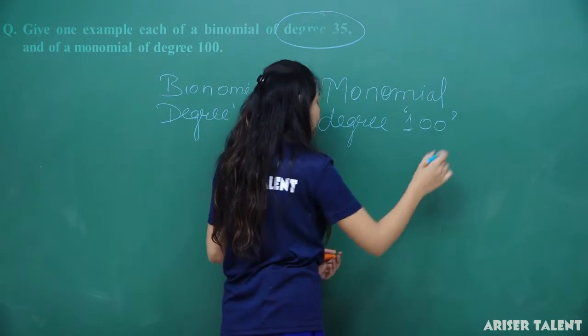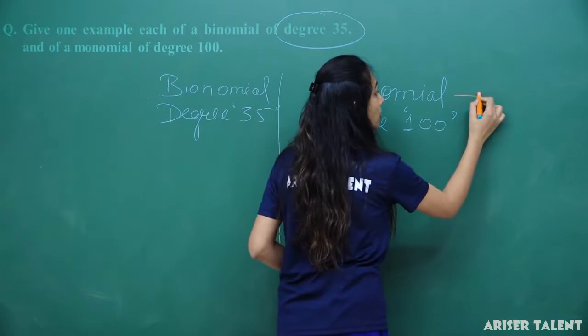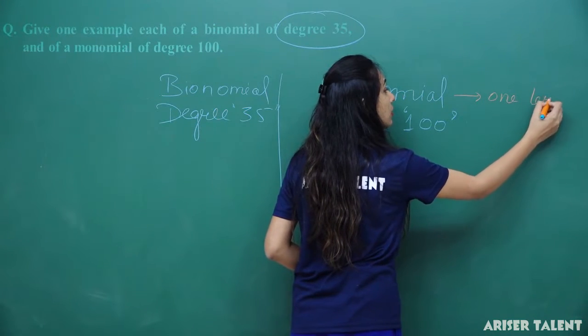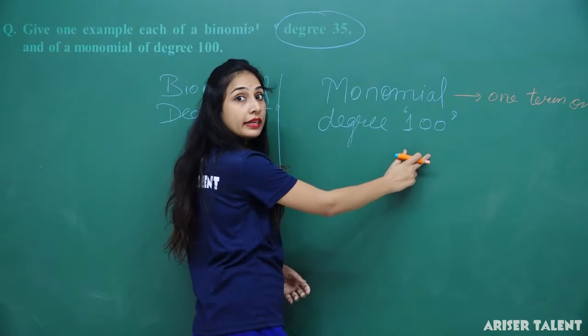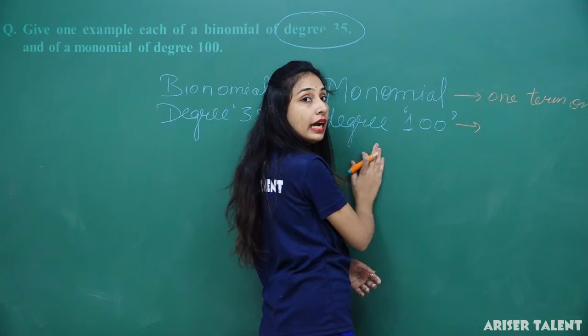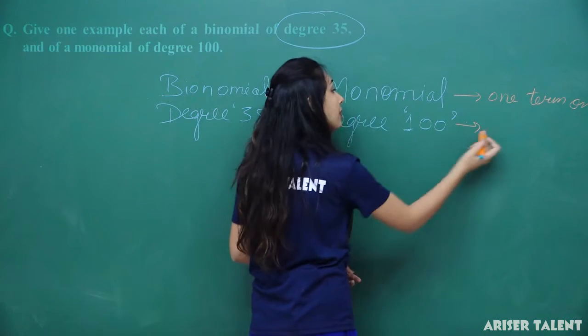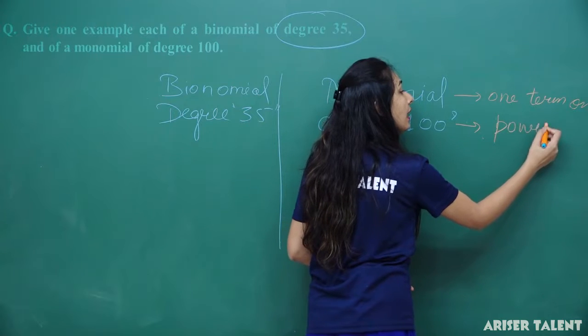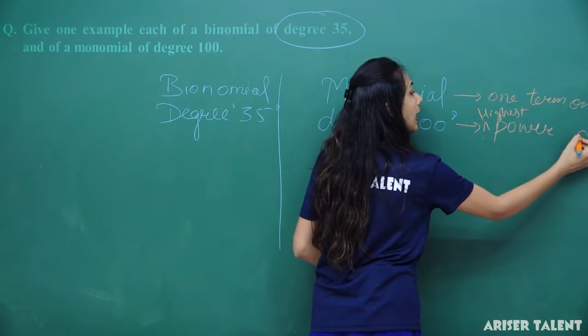Now what is monomial? Monomial means one term only. Degree 100 means what, Akshay? Degree 100 means you are having highest power as 100.